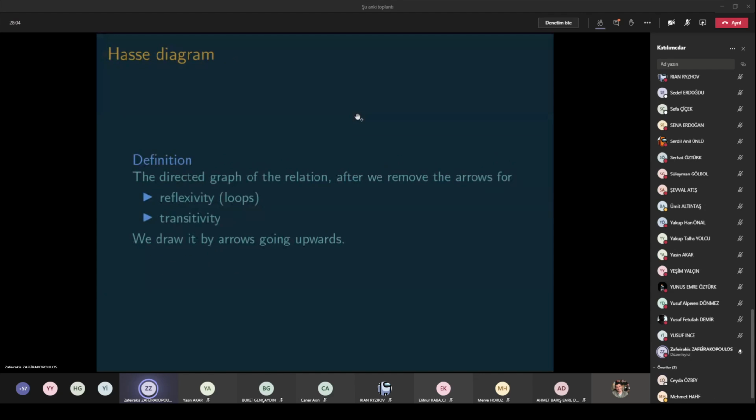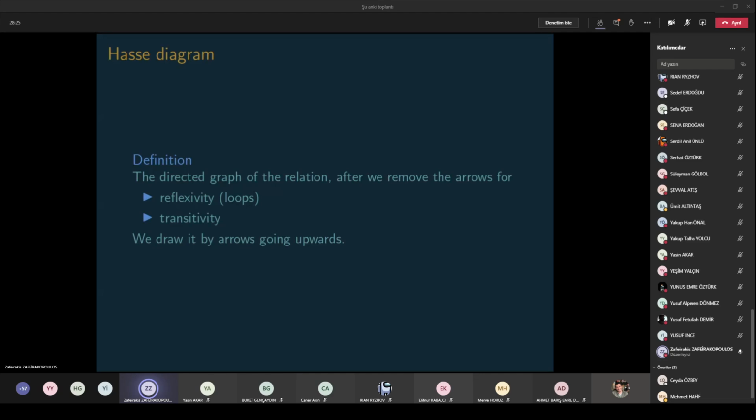Now, how do we visualize partially ordered sets? We take the graph of the relation, the directed graph. So the elements are the nodes, the points, and then we draw an arrow if an element is related to another.